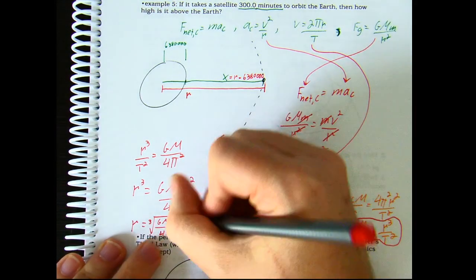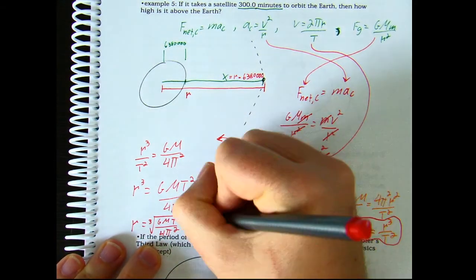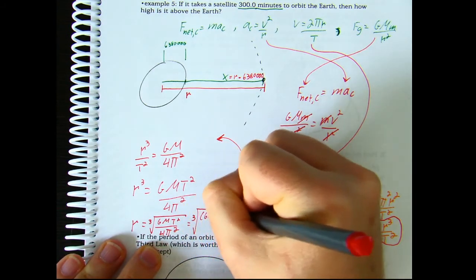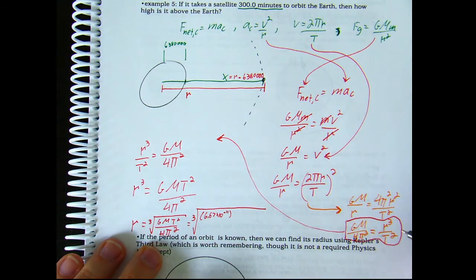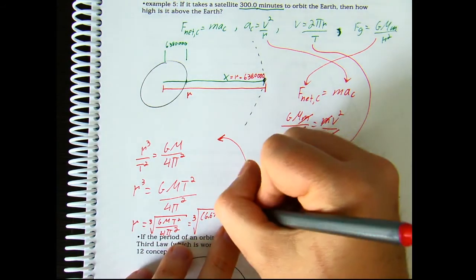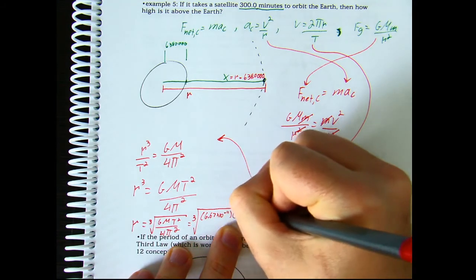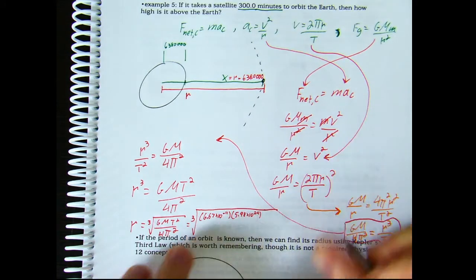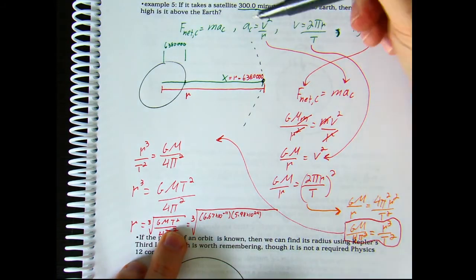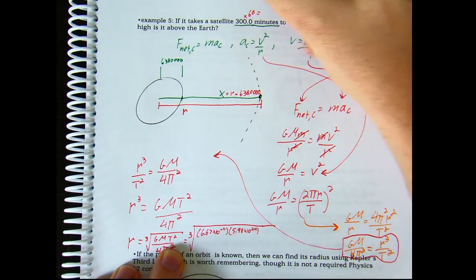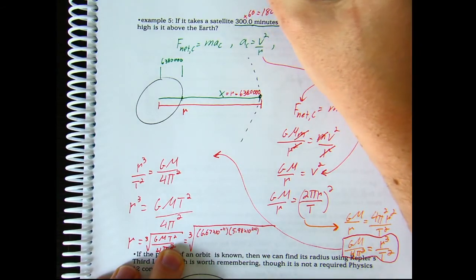We want to find R, so that's going to be the cube root of 6.67 times 10 to the negative 11, the mass of Earth is 5.98 times 10 to the 24. T is 300 minutes, but we don't want it in minutes, we want it in seconds. So we're going to multiply this by 60. So this is 18,000 seconds.